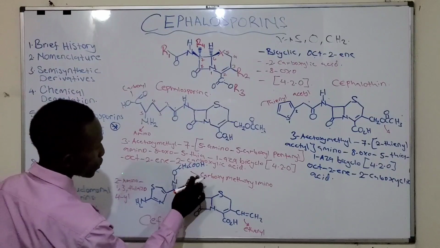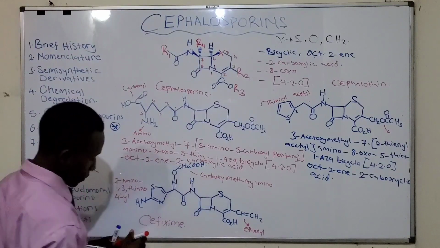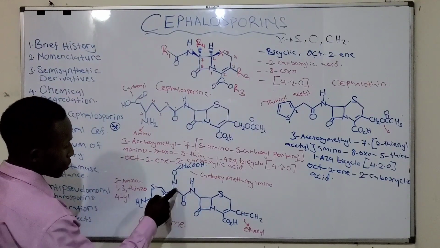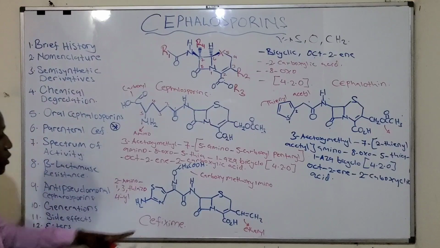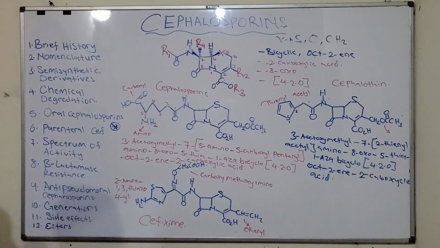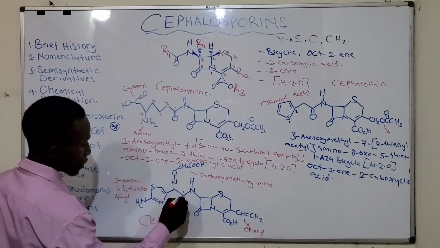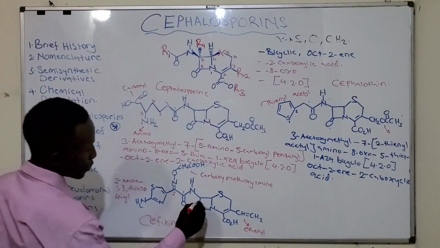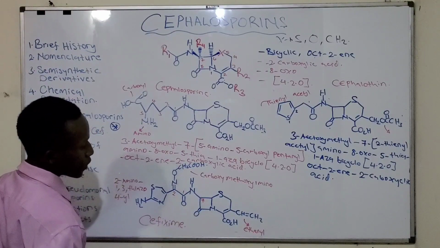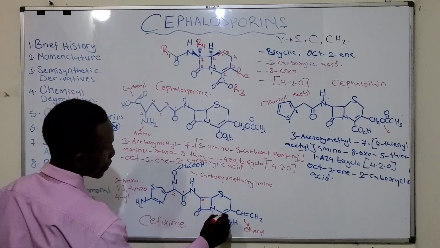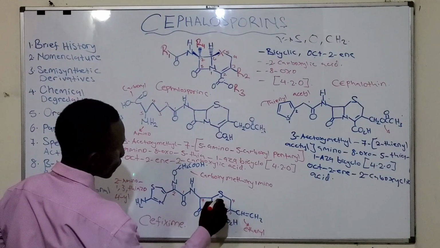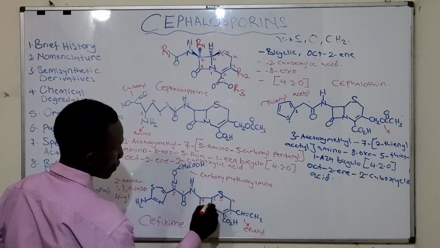So it's at position 2. Even this one is at position 2 of this side chain. This is 1 carbon, this is 2. And remember, this position is position 7 of the ring. 1, 2, 3, 4, 5, 6, 7.